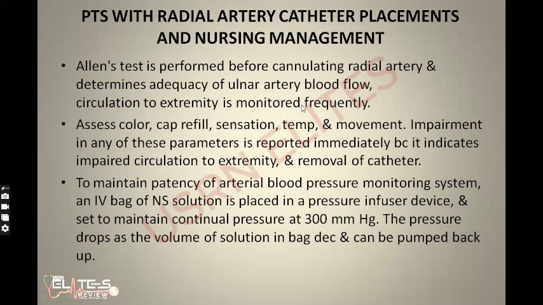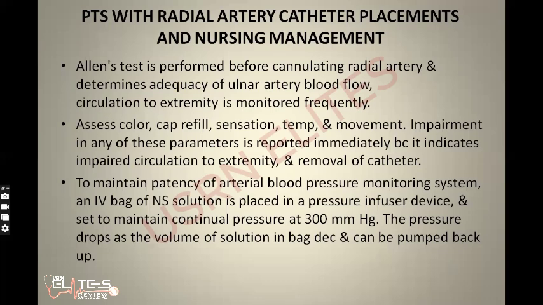Circulation to the extremity is monitored frequently. If you do Allen's test and it fails, it means you can't touch the radial artery there, because it means there is already an impairment; it is only through the arteries that body tissues get blood supply. You did your Allen's test by blocking both the radial and ulnar arteries, and for a few seconds you found out that the patient's arm was pale or whitish.